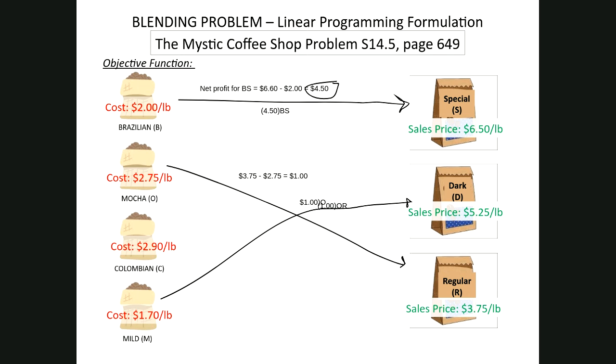Let's do the arithmetic. Yes, $3.55. And so the term that's going to be associated with this is going to be again $3.55 times mild that goes into the dark. Okay. So again, you'll do this 12 times. You'll come up with 12 different terms that go into your objective function, one for each one of the possible combinations of price and cost.